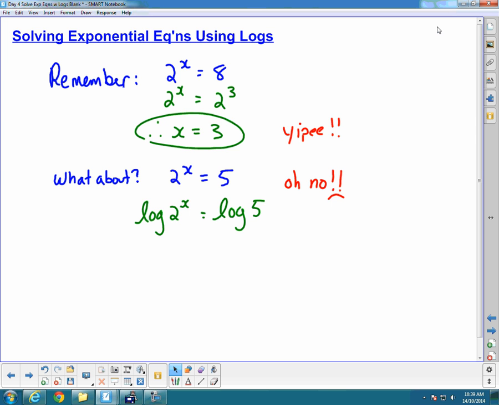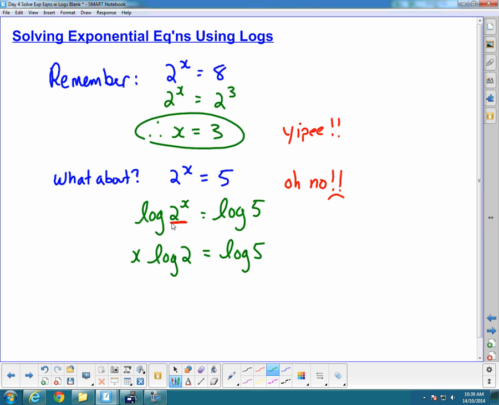By taking the log of both sides, we can use the laws of logarithms that we learned yesterday. So now we're going to use, I think it's the power law, that says if I have taken the log of some exponent, that exponent can come out front. And so that x can come out front like this.